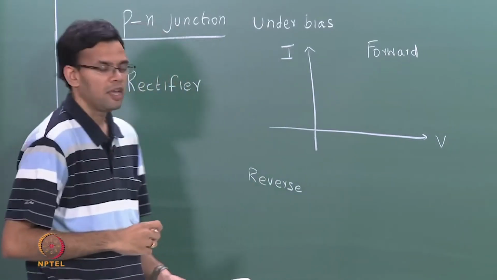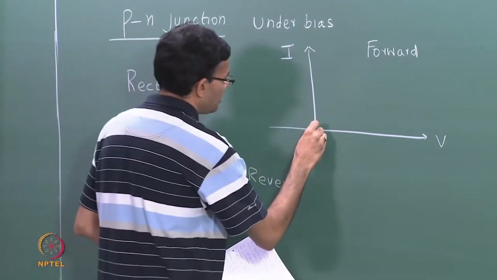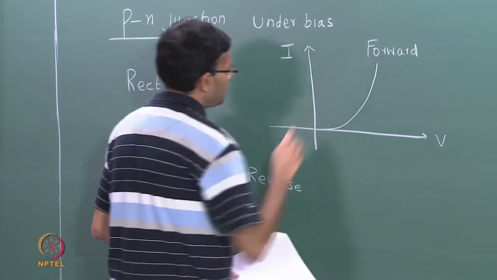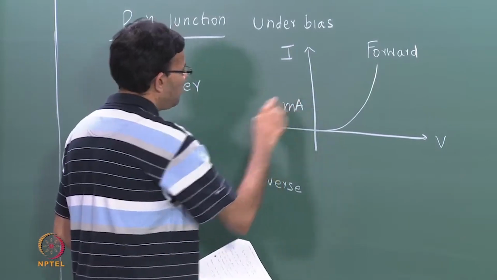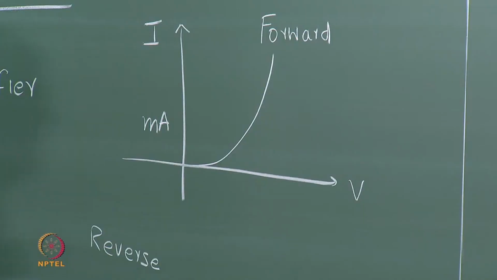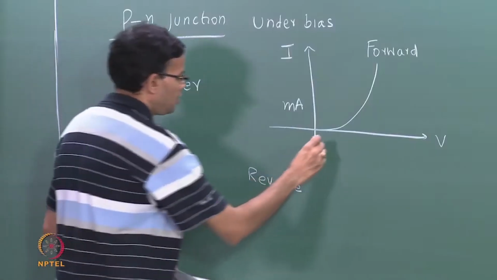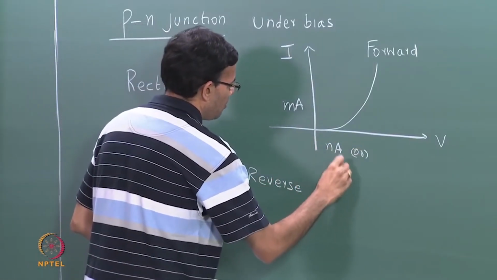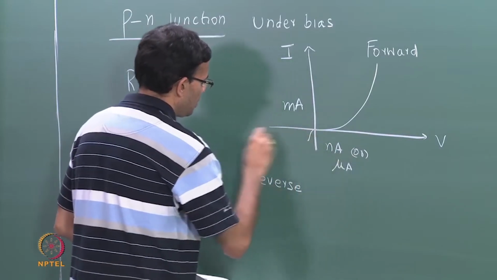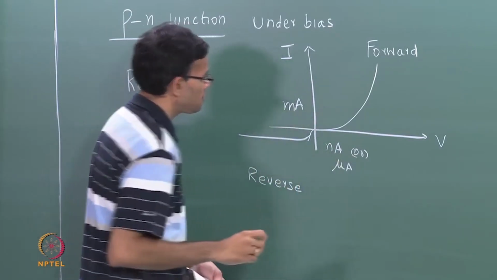We found that in the case of the forward bias, the current goes exponentially as the voltage. Typical value of current is around milliamps. While if you have a reverse bias, we have a really small current that is of the order of nanoamps or microamps, and that is really a constant.